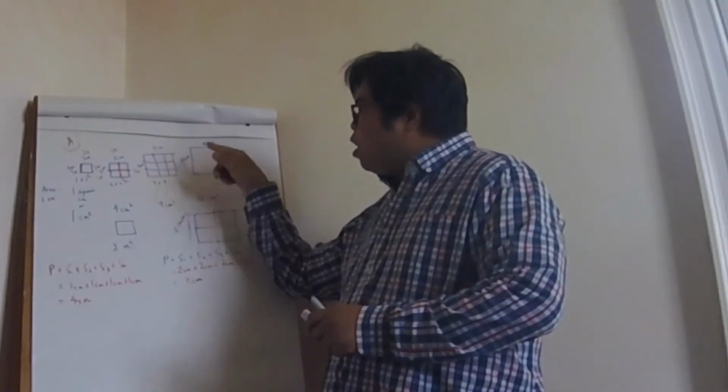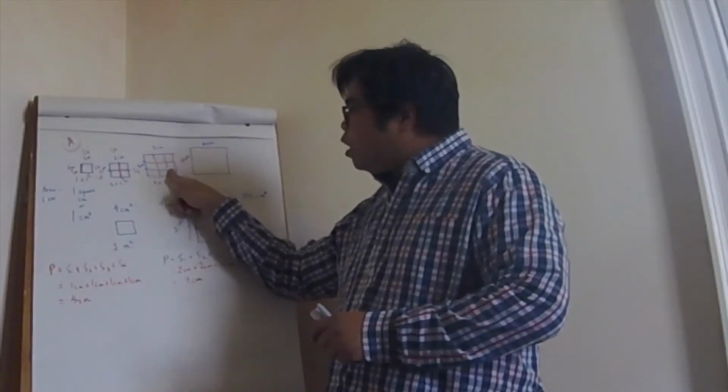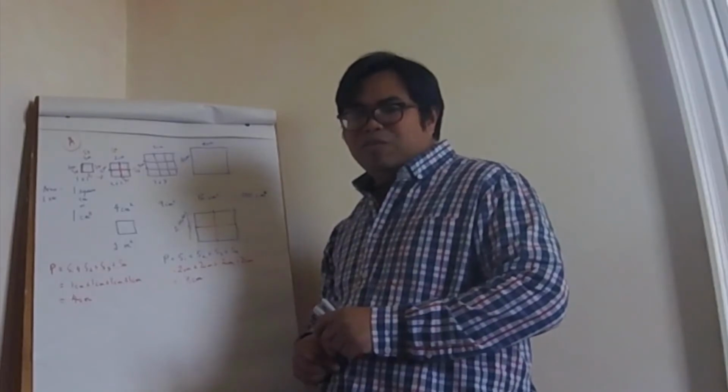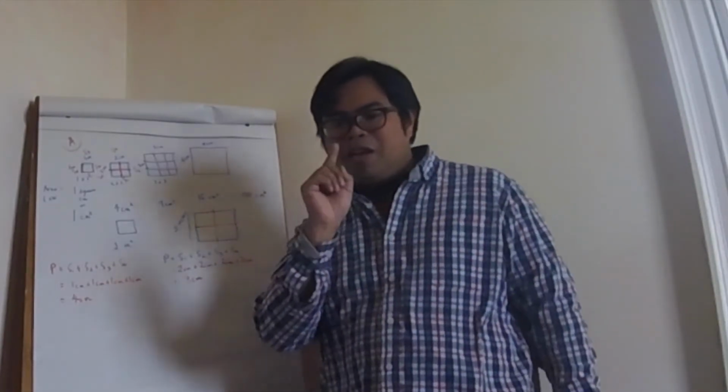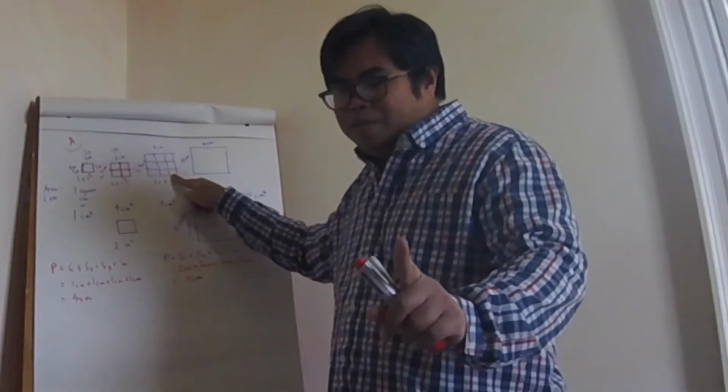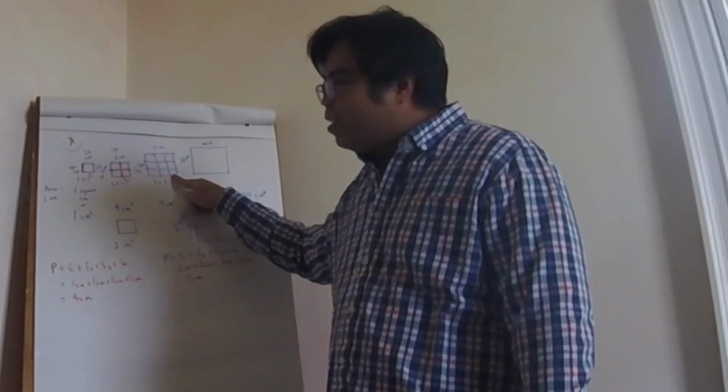Okay. Now, let's go back to this figure. What is the perimeter of the square and what's the area of this square if one of its sides is 3 centimeters? The perimeter is 12, and the area is 9.